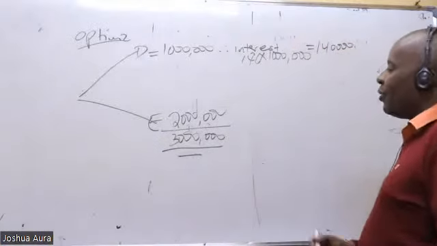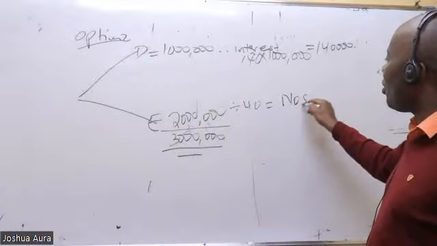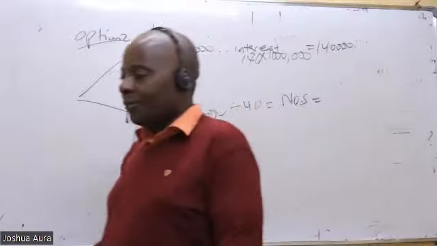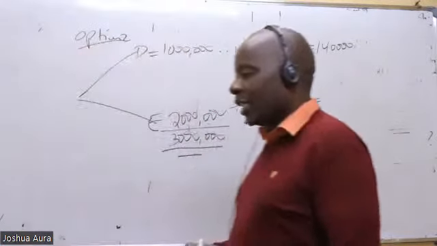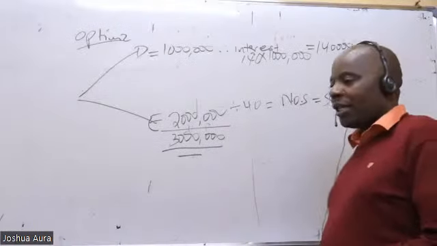Can somebody say 40 bob? So please come and divide this by 40 for you to be able to give us the number of ordinary shares, which they're telling me is 50,000. Thank you very much.